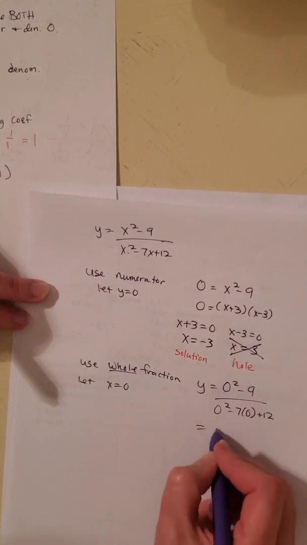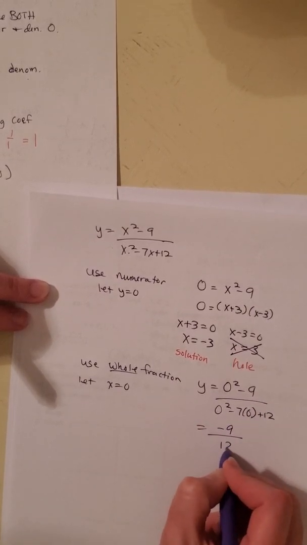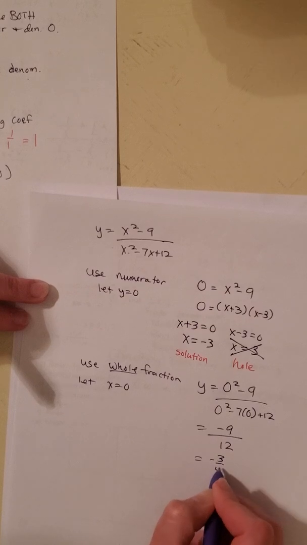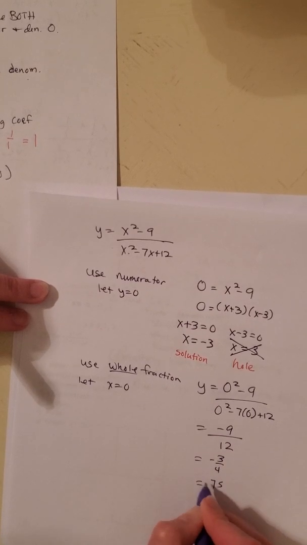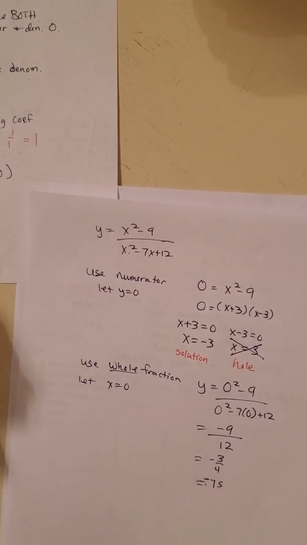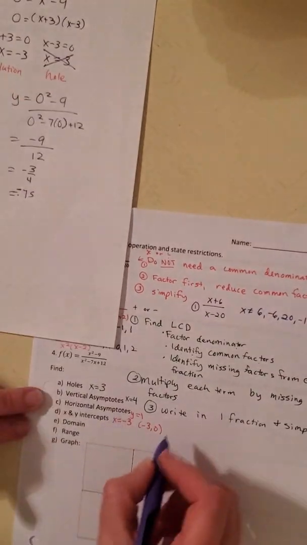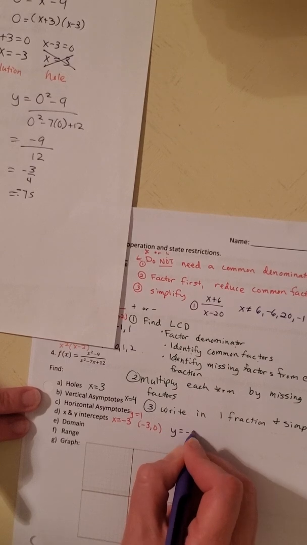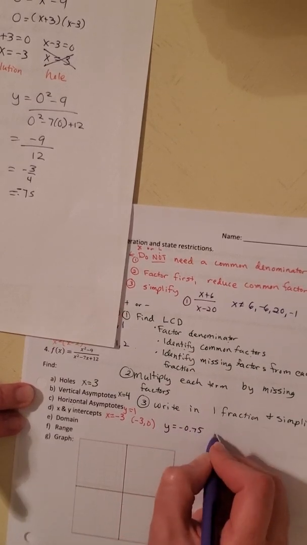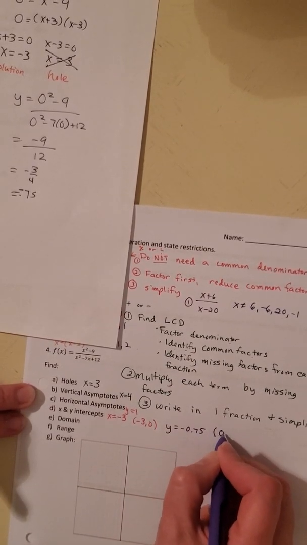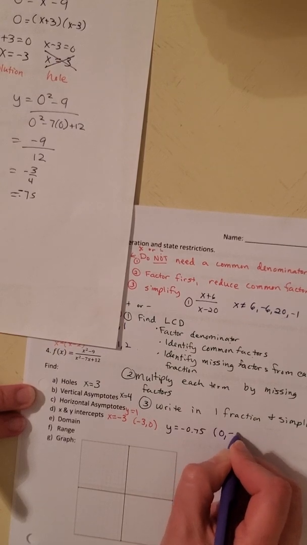So this is just -9 over 12, which is -3 over 4, which is -0.75. And so my y-intercept is at y equals -0.75, or you could say at (0, -0.75).